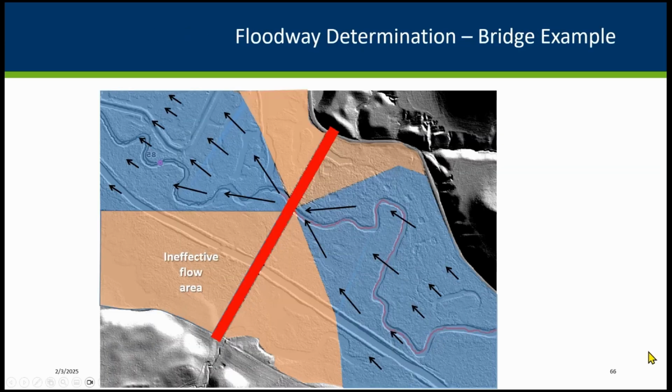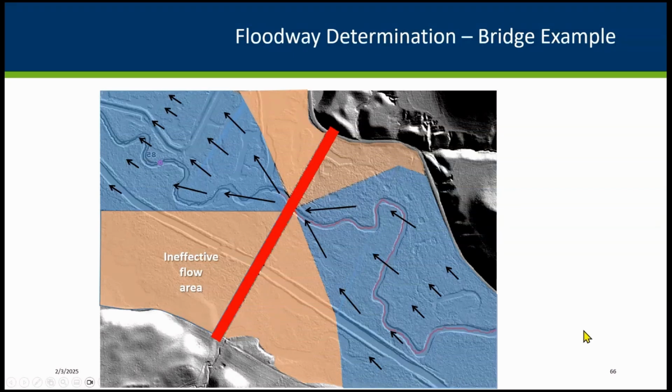And this next couple of slides show the impact of ineffective flow areas adjacent to bridges. If you have a bridge opening, flow has to constrict to get down to the bridge opening, and then once it gets out of the bridge, it expands to fill the full floodplain. So those triangles just upstream and downstream of the bridges end up being ineffective flow areas where there's really not much velocity going through at all.